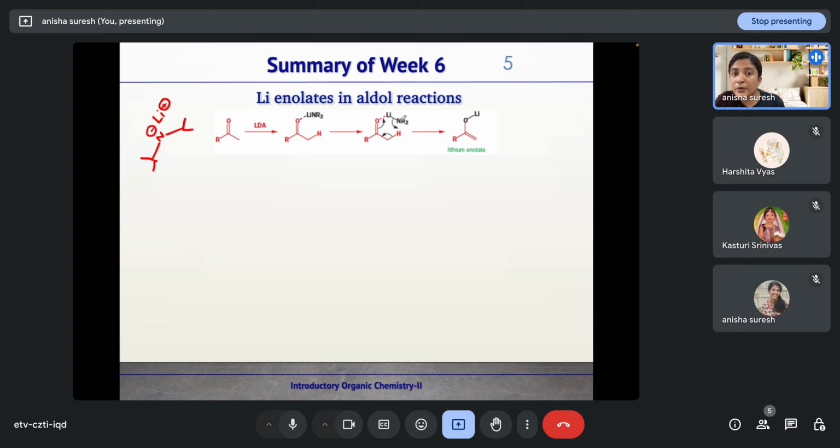Then the bond transfer will be like this: nitrogen will abstract the proton, the carbon carbon double bond will form, the carbon oxygen double bond will break, and oxygen will pick up the lithium, leading to formation of this lithium enolate.